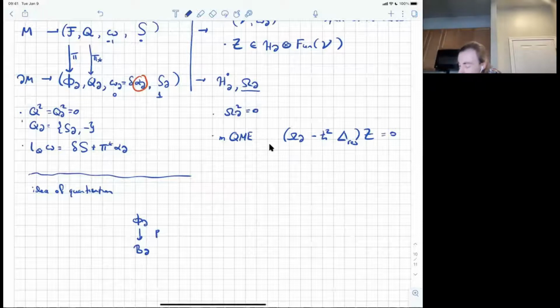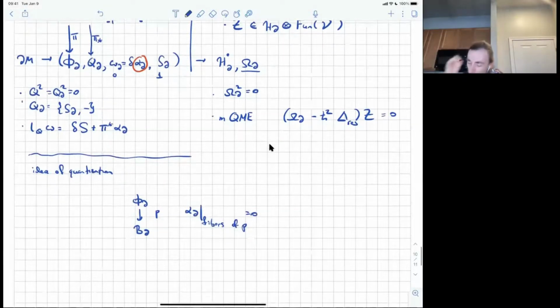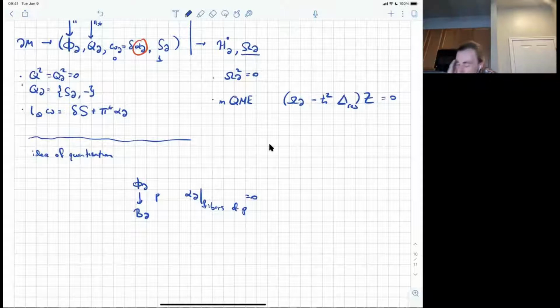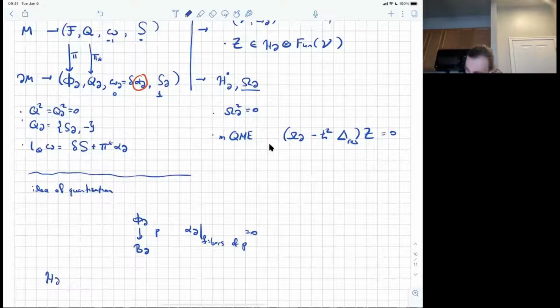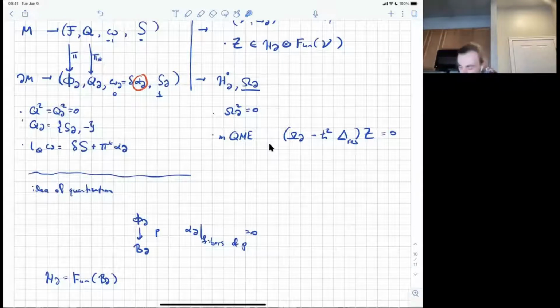And moreover, you want to have the property that this boundary one-form vanishes along the fibers. Then you say that it's a very easy case of geometric quantization, and you construct the boundary space of states as just functions on the base, or you could say functions on the phase space which are constant along the fibers.